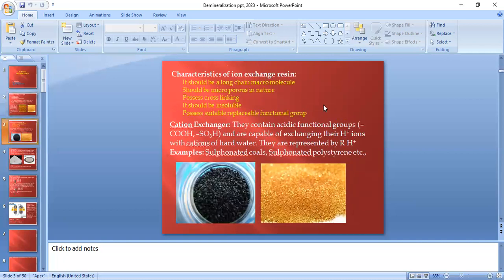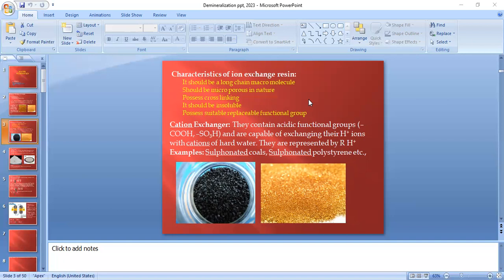Now, what are the characteristics of the resin? I already told you, it is an organic molecule, polymer in nature, and it has a long chain. Polymer means it must have a long chain.